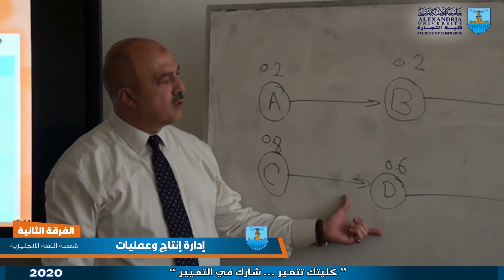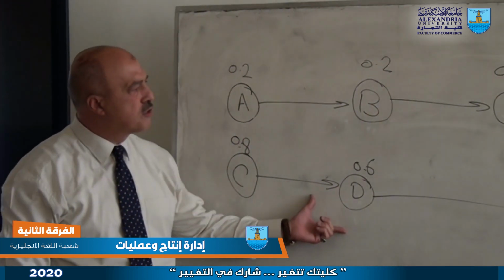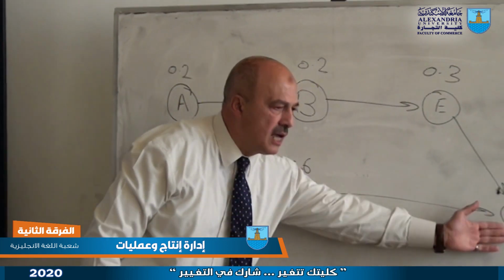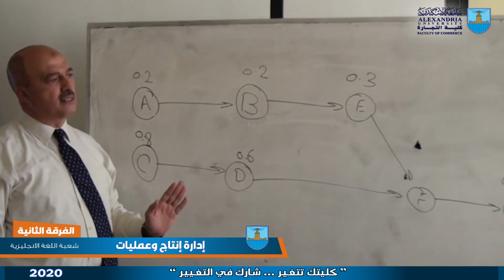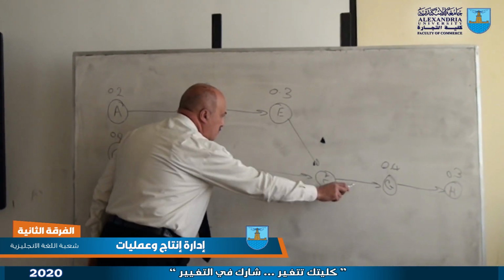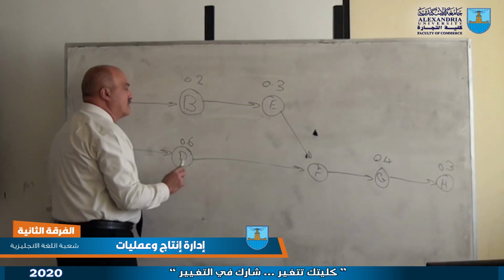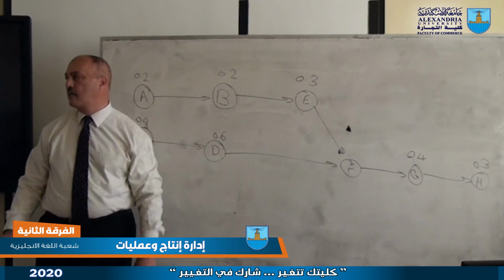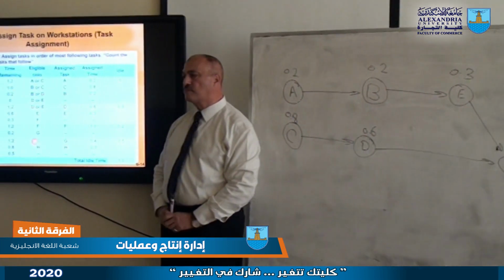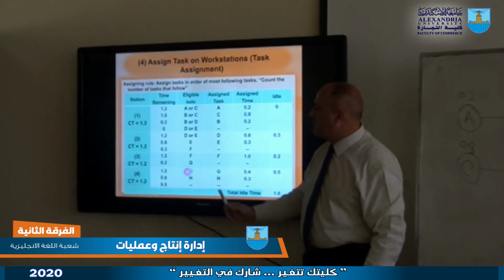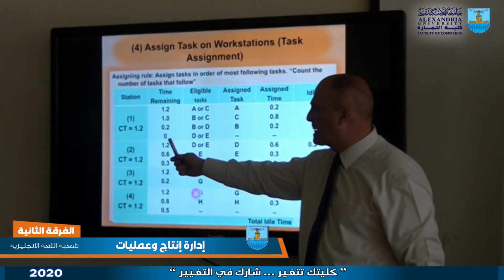Okay? The rule says we have to take the one that has more followed tasks than the others. So B has 4 followed tasks, but D has only 3 followed tasks. So we have to take B. B time is 0.2. Remaining time in workstation became 0.